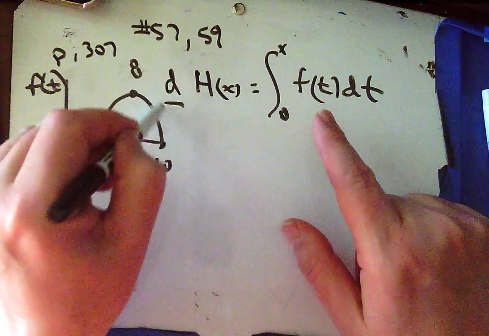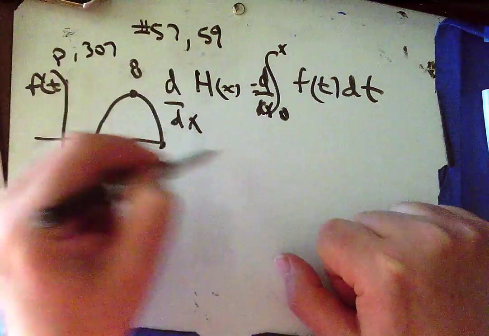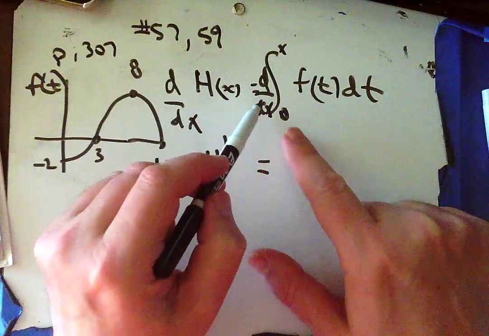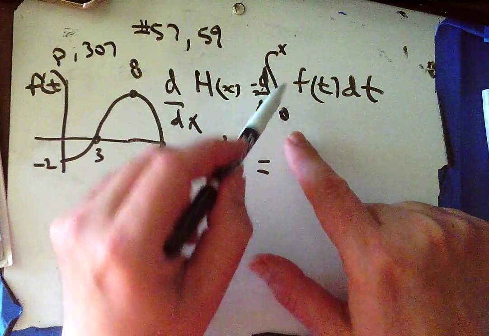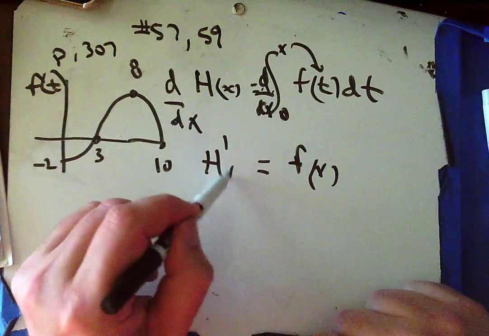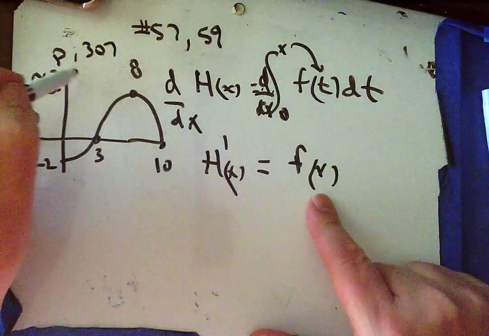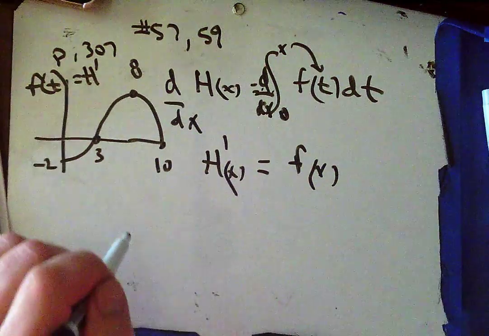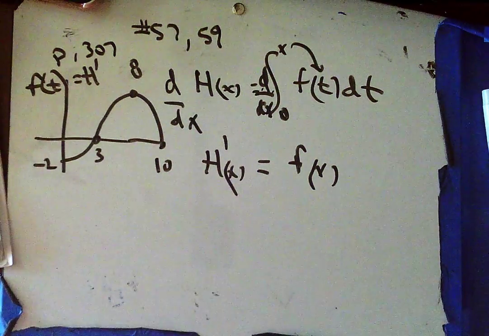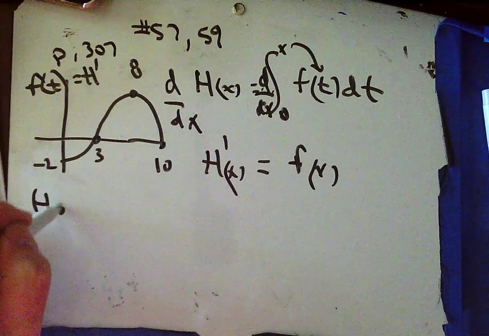So, what happens when we take the derivative of both sides? Well, over here, I get big H prime. And over here, thanks to FTC Part 1, the derivative undoes the integral. The x goes there, and I have f of x. So, this graph is h prime, not h. Please know that before you start reading the questions. First question, what about h of 0?